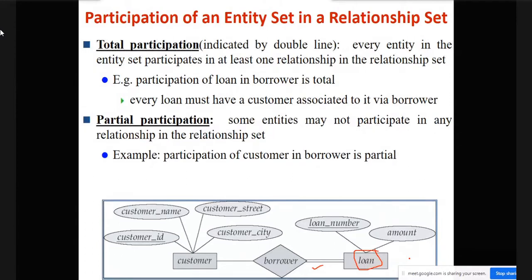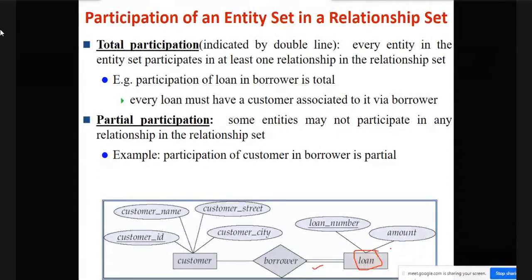Suppose I am a customer of a bank and I have an account, but I have not taken any loan. Will they have any loan number in my name or related with my account? No. So loan numbers are generated only when some customer takes a loan, right?